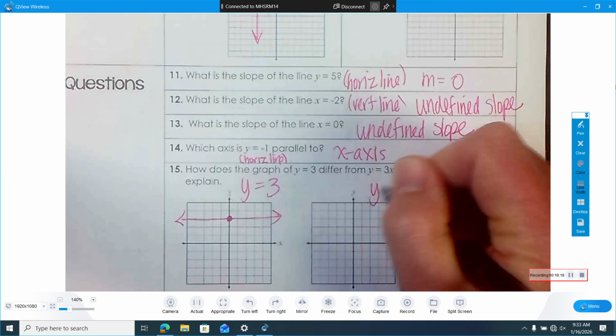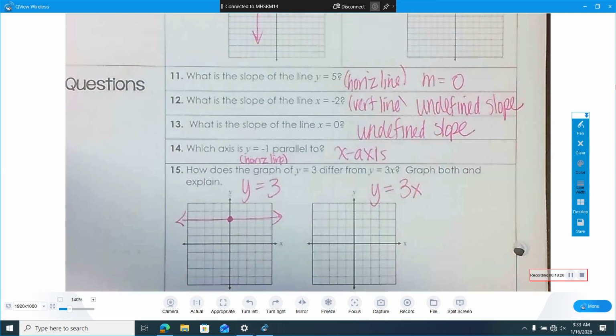What about y equals 3x? How do we graph that line? It's almost what we've been doing, y equals mx plus b plus 0.